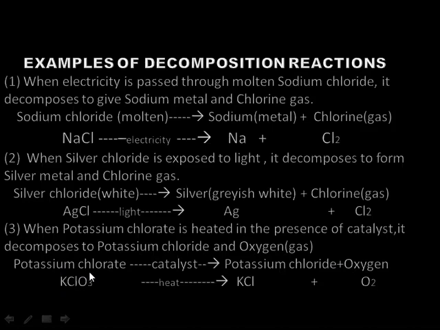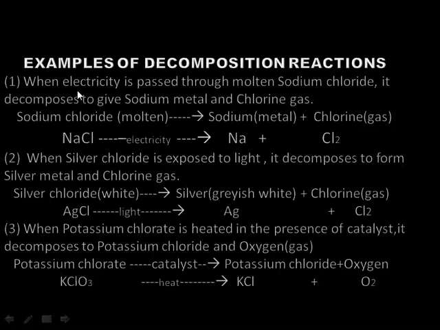KClO3 is the formula of potassium chlorate. In the presence of heat and a catalyst, it gives KCl, potassium chloride, plus O2. The three examples show different factors for decomposition reactions.